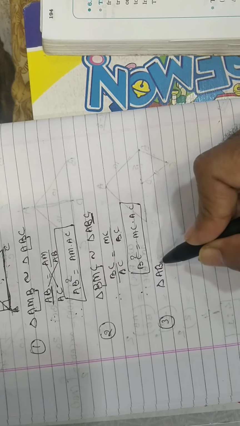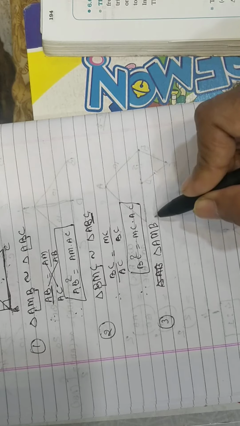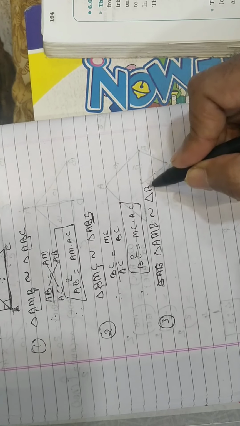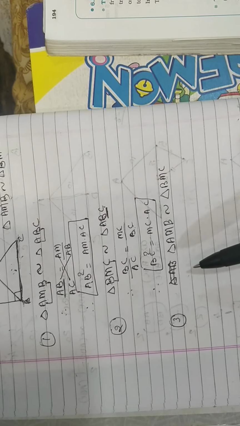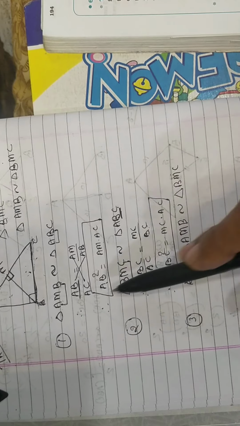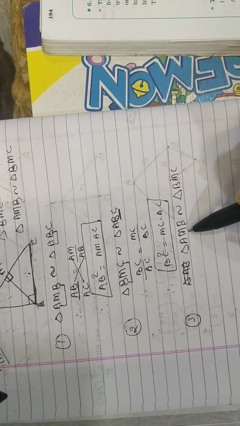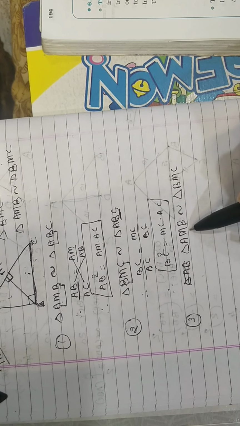Now from third, triangle AMB is similar to triangle BMC. These two triangles are similar. Here the common alphabet is... there is nothing common.